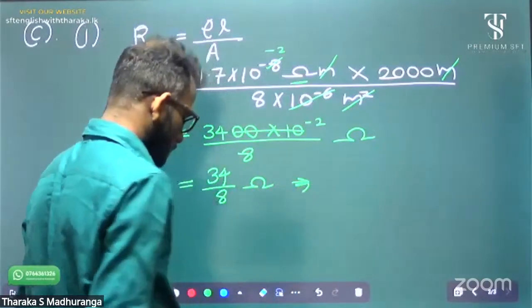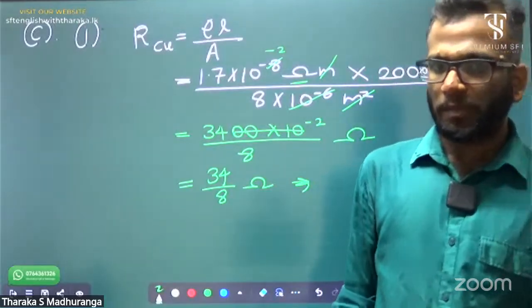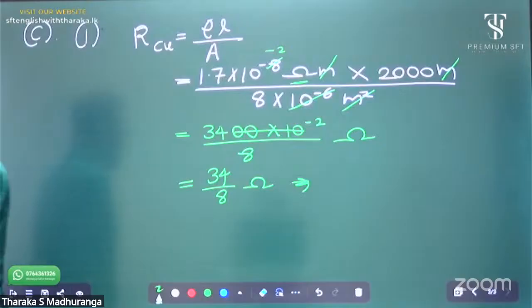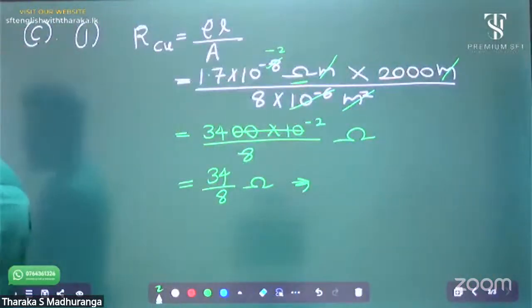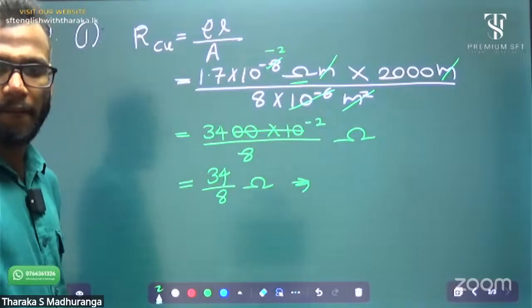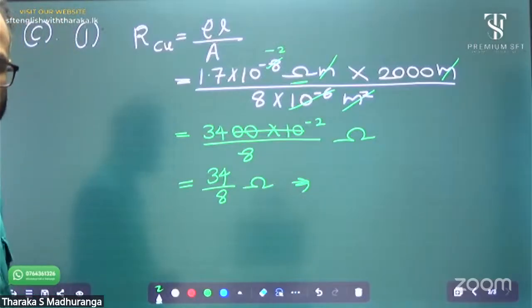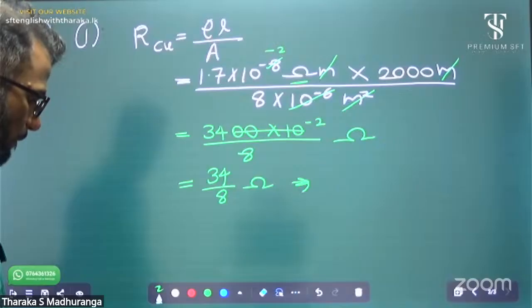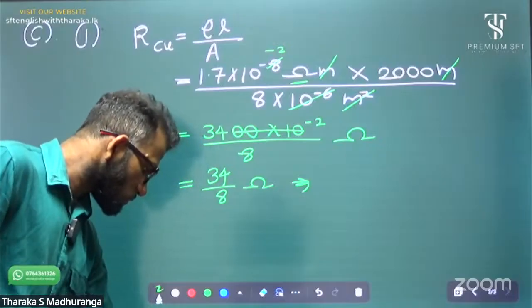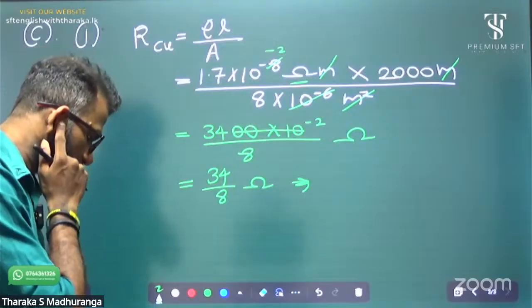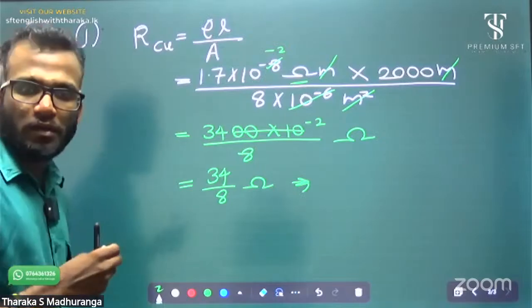Ohms. What is the answer? 34 over 8. Kabir, what is the answer? Samya? Yes, 4.25.